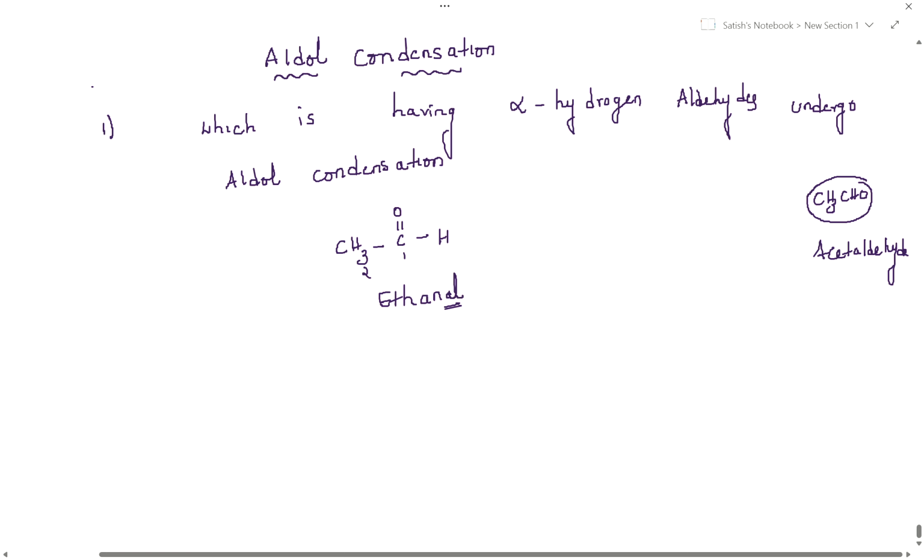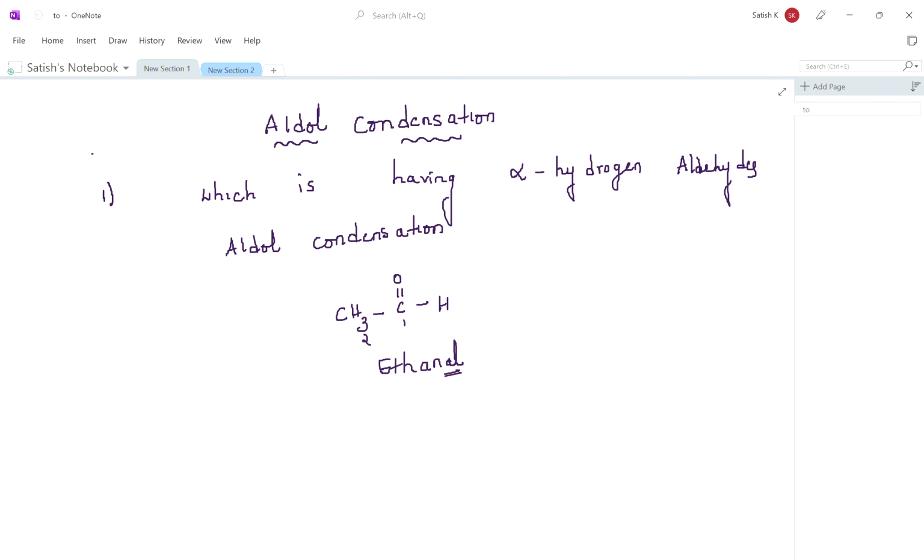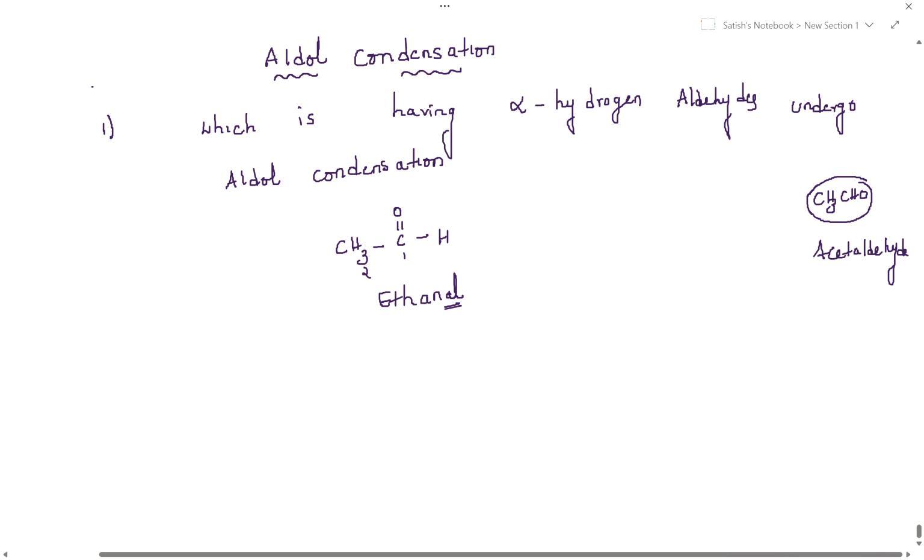Like this, we learned some rules in first year, right? So finally, what I am trying to say is, acetaldehyde: the aldehyde group is a chain terminating functional group. This is the first carbon, this is the second carbon, and with respect to this I am speaking now.